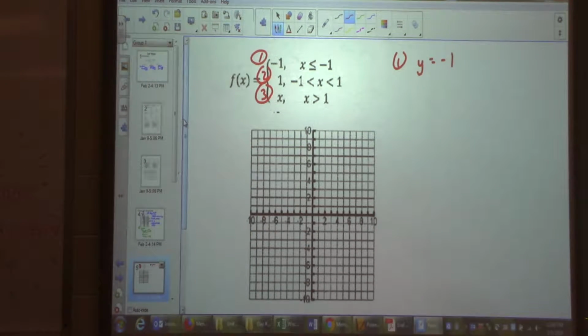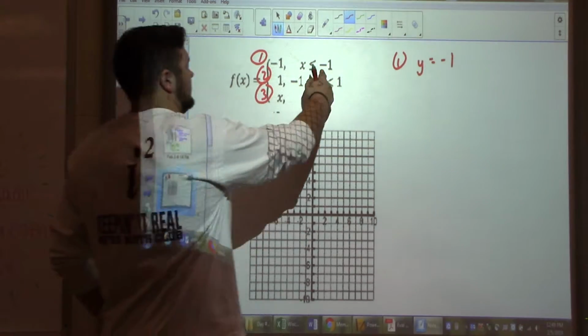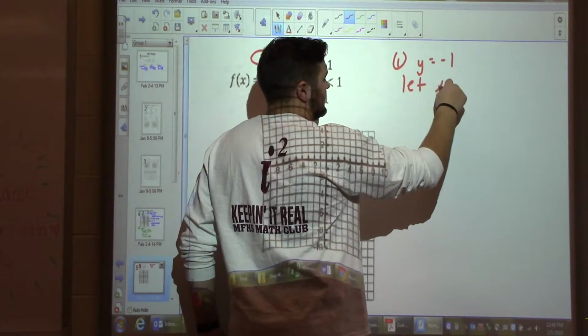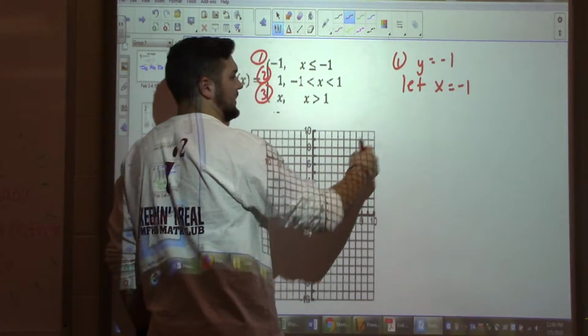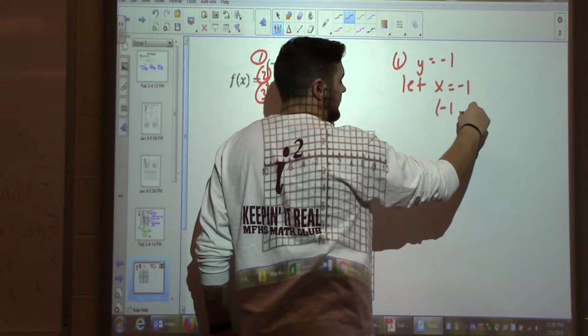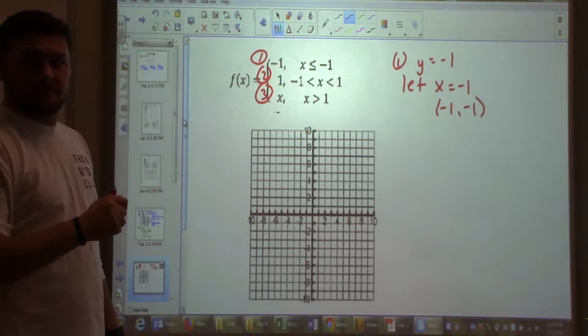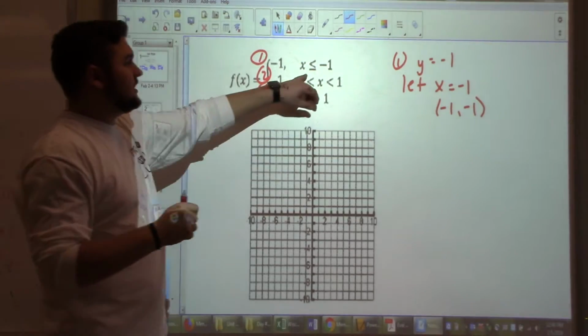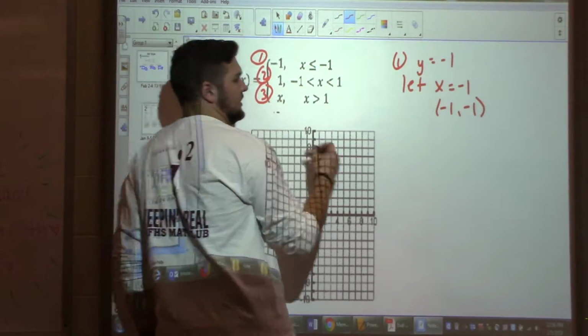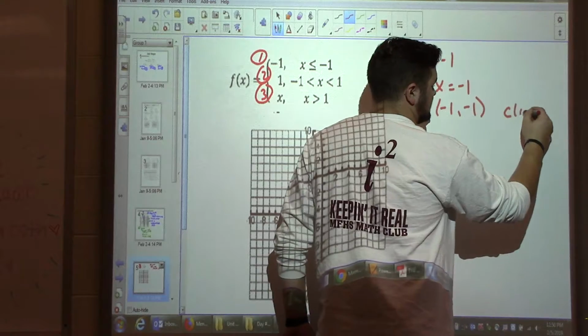Y equals negative 1. My endpoint, I'm going to let x equal negative 1. Well, when x is negative 1, y is negative 1. That's my endpoint, right? It is a closed endpoint. It's less than or equal to negative 1, so it's closed.